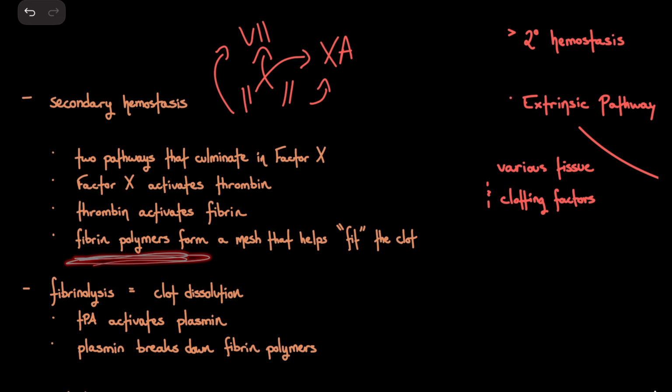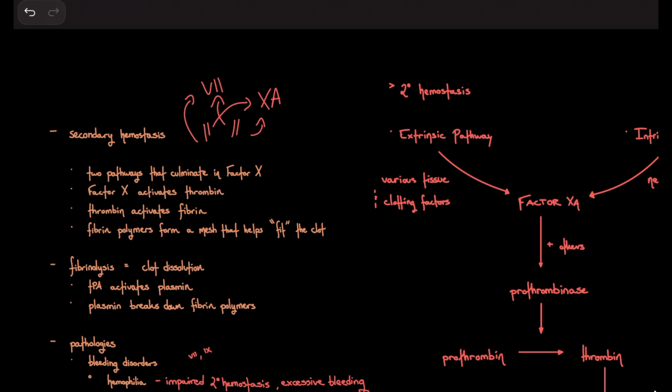Polymer just means a network of that compound. It forms a mesh network. And that helps fit the clot to whatever puncture, lesion, wound that we have. Okay? So that makes it fit nice and taut, like a bespoke suit. Right? It's tailored for that rupturing. That way we plug the clot in its own bespoke manner.